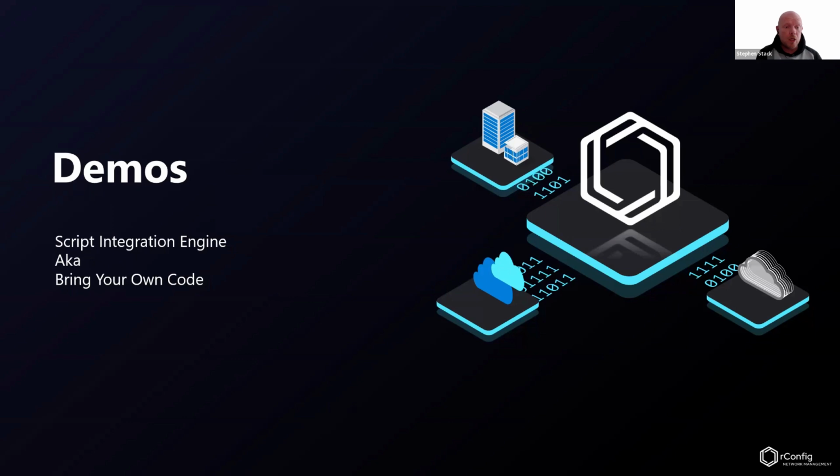And so this week we're going to cover the script integration engine, which technically is a version 7 feature. There's been some improvements on it in recent releases. So this is the interesting one. This is the feature that really expands rConfig beyond standard NCM features and capabilities.